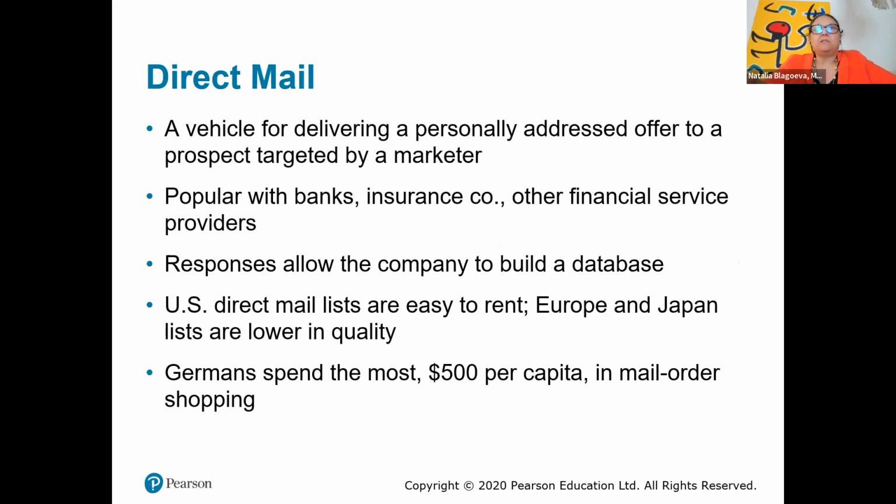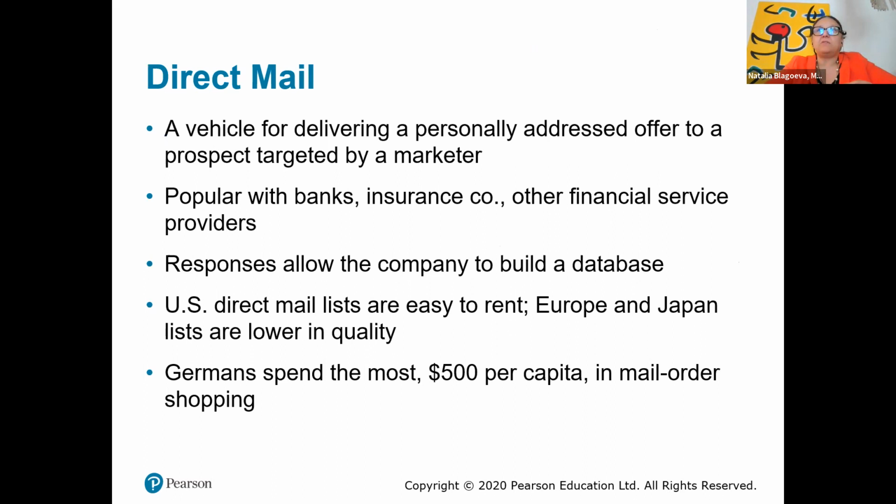A few more words on direct mail. Basically, direct mail is a vehicle for delivering a personally addressed offer to a prospect targeted by a marketer. This is popular with banks, for example, and insurance companies. It allows building a database.